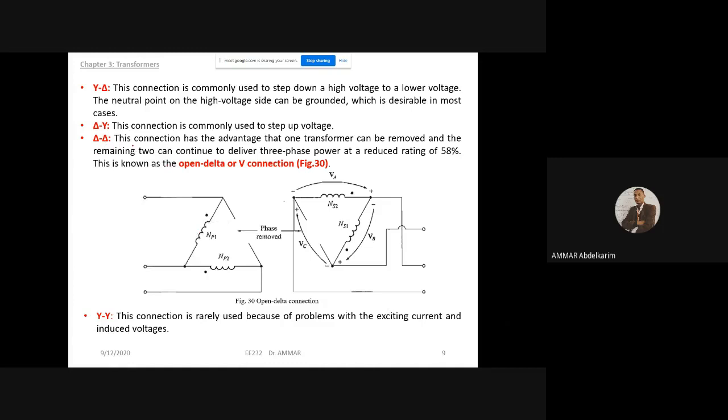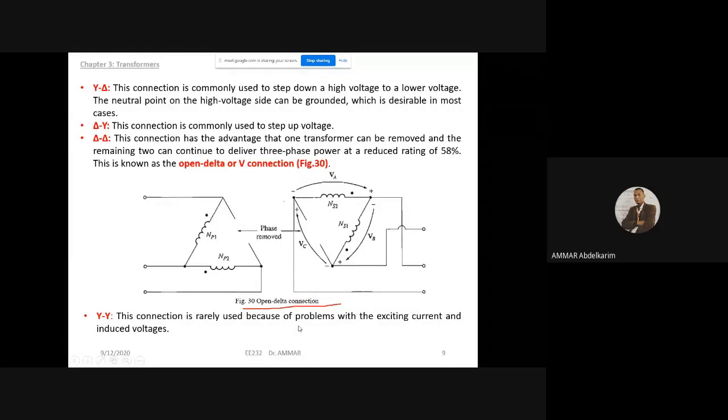So this is the advantage of the delta connection: 1 of the transformers can be removed and the remaining 2 can continue to deliver 3-phase power at a reduced rating of 58%. This is known as open delta or V connection. Okay, so this is the open delta connection.